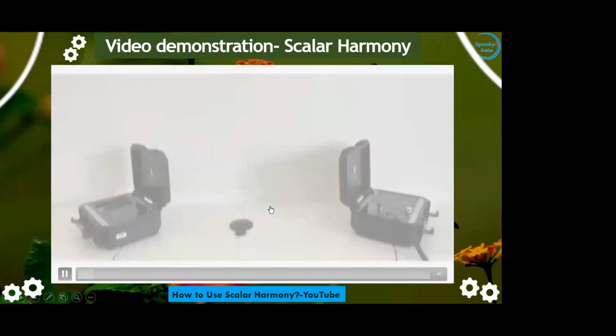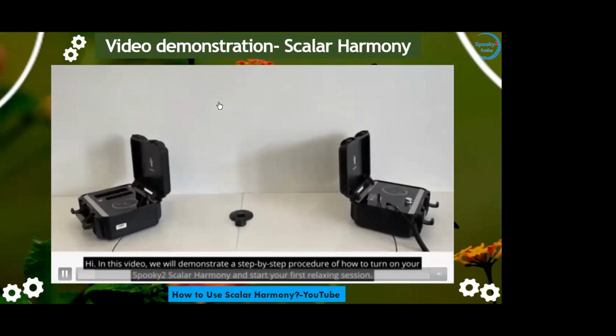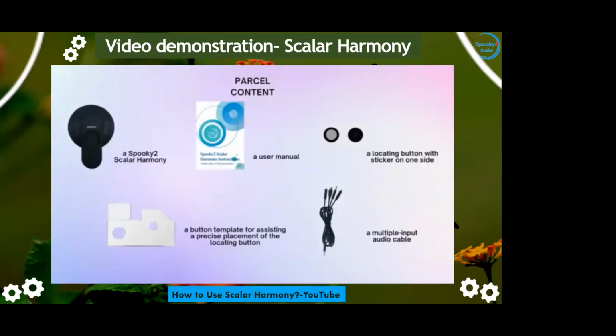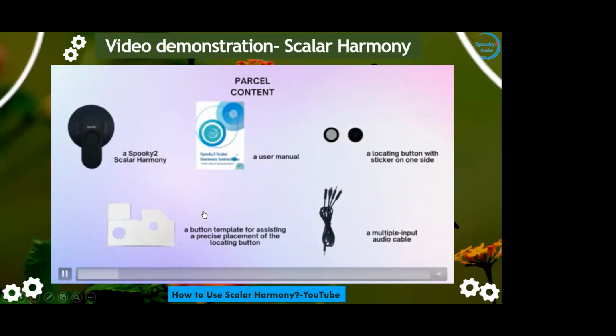Connecting, and more. Hi! In this video, we will demonstrate a step-by-step procedure of how to turn on your Spooky2 Scalar Harmony and start your first relaxing session. Inside your Scalar Harmony pack, you will receive a Spooky2 Scalar Harmony, a user manual, a locating button with sticker on one side, a button template for assisting a precise placement of the locating button, and a multiple input audio cable.